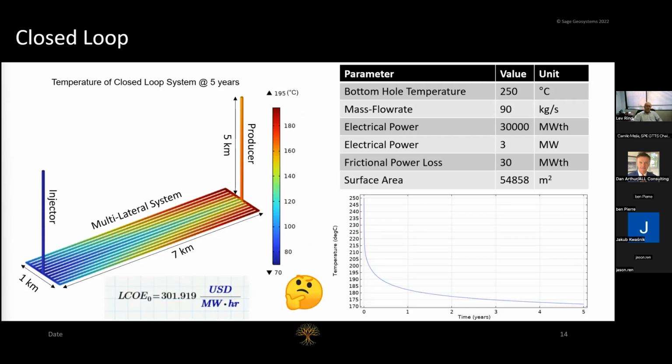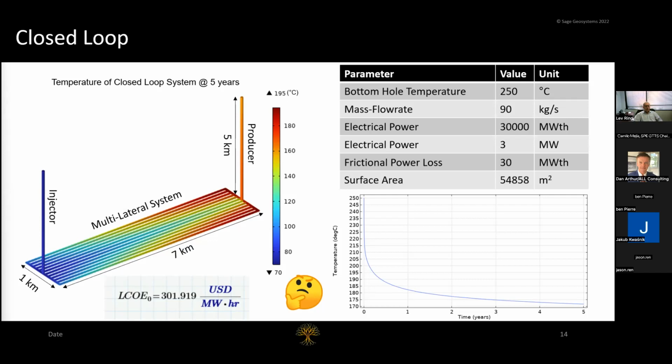That may be very difficult to do. For our systems, we usually design for 10% depletion over 5 years. And because our system is based on fracking, we just need to refrac. We don't need to redrill.